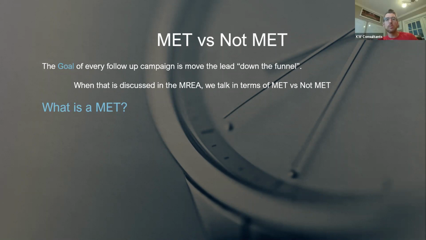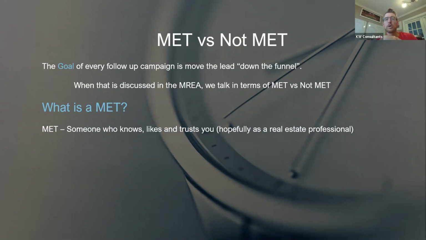I do think what I would encourage you all to do is identify what a met means to you. In my world, a met would be someone who knows, likes, and trusts me, and I put in parentheses, hopefully as a real estate professional.